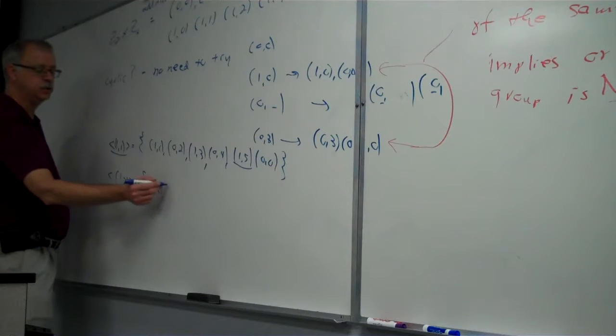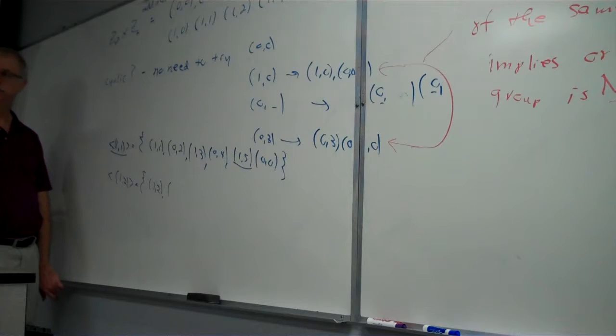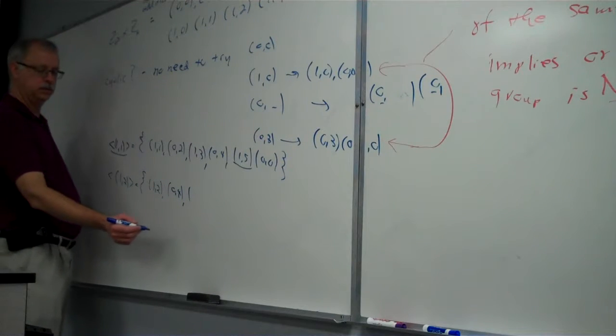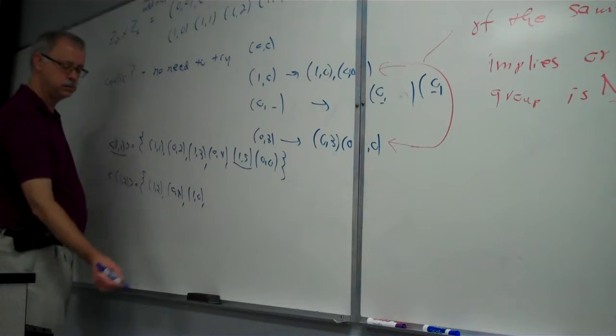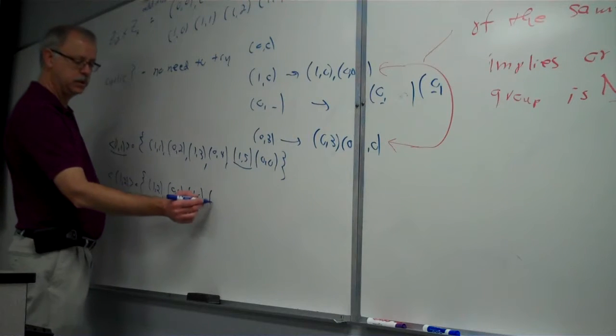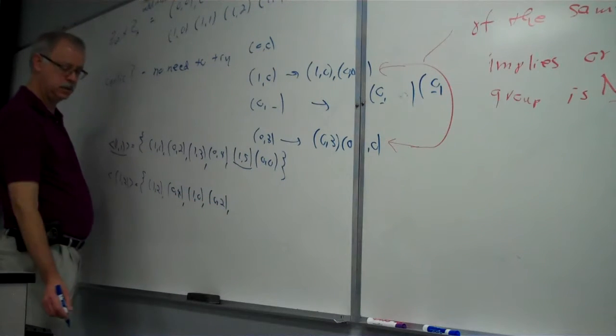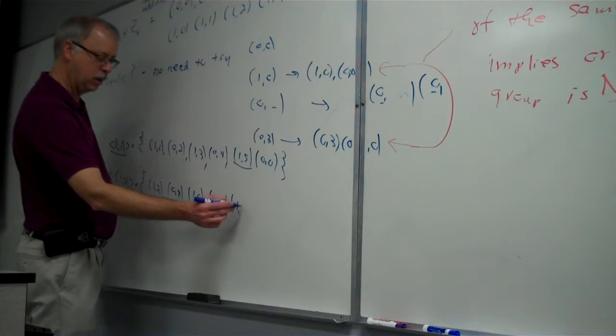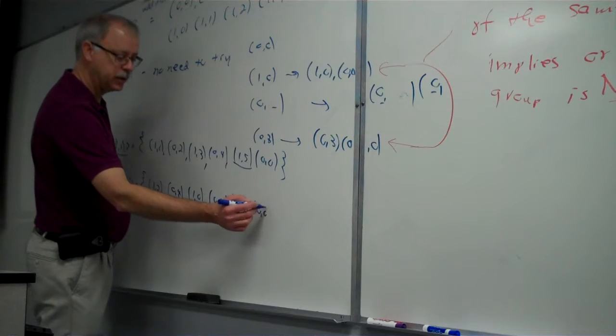So 1, 2, what's 1, 2 combined with 1, 2? 0, 4, and 1, 0, 0, 2, 1, 4, 0, 0.